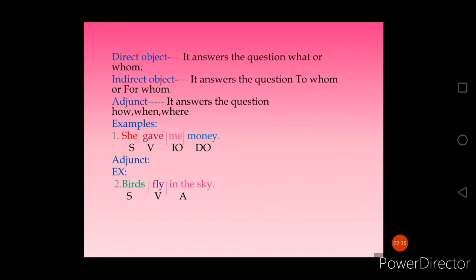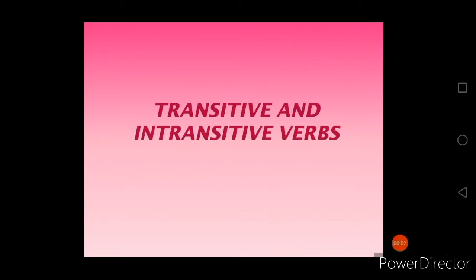And what is the action done by the birds? Yes, fly is the action done by the birds. So fly is the verb. And where do the birds fly? Yes, in the sky. So in the sky is the adjunct. This in the sky answers the question where the birds fly. So in the sky is the adjunct, right students? Are you all clear in this? Now I hope you are clear in what is subject, object and adjunct, right students?